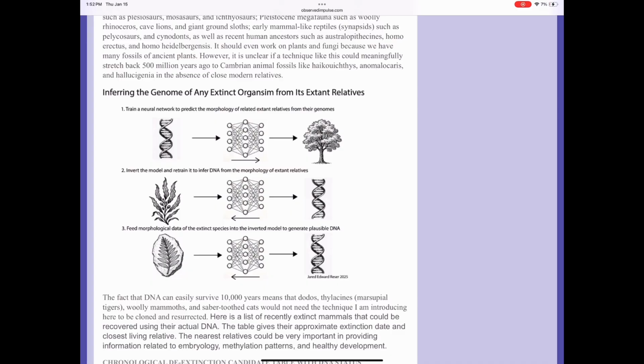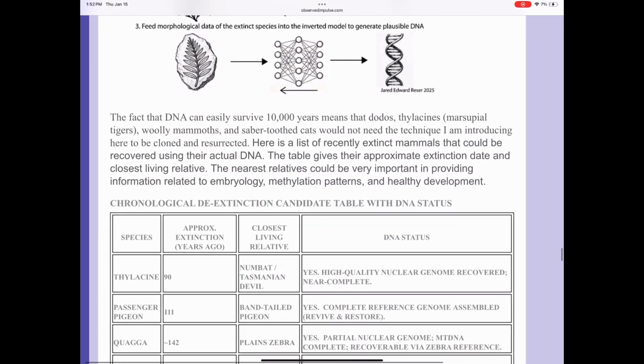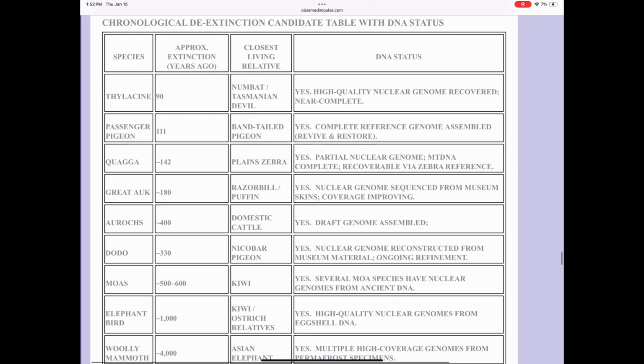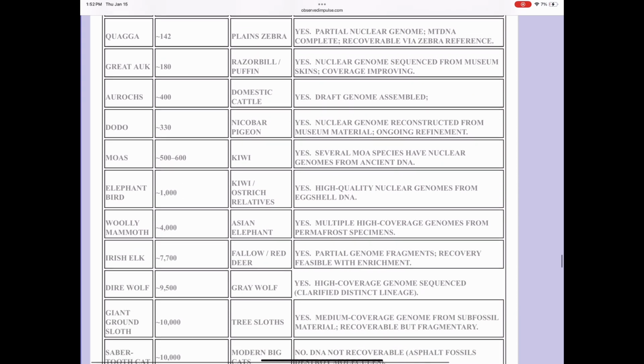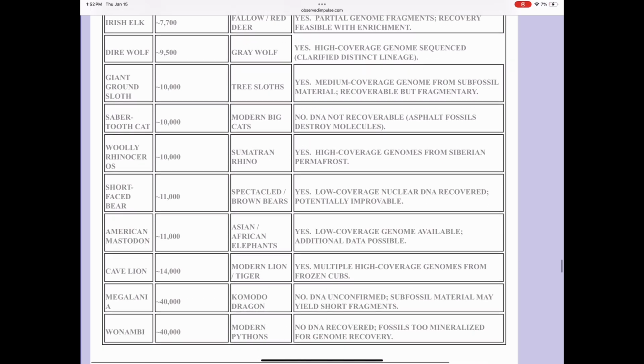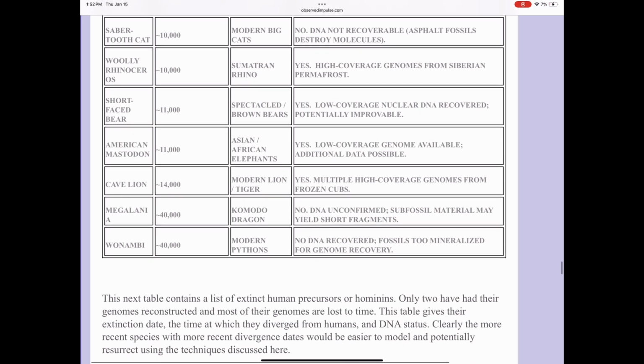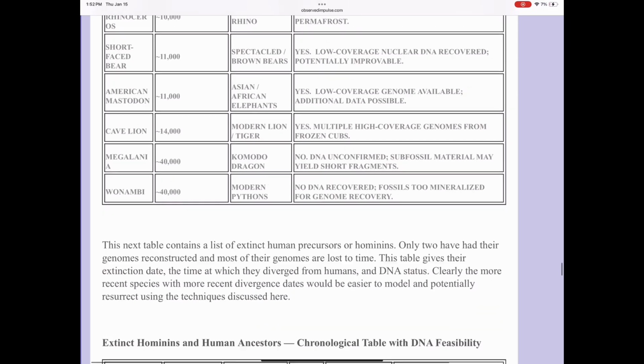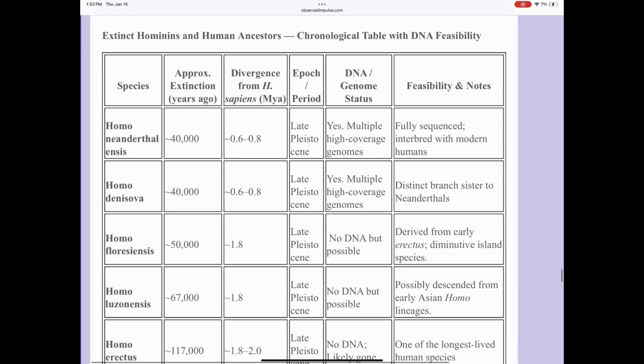So here I give a whole bunch of different extinct animals and talk about whether or not we do have their DNA or not. Here are some extinct hominins and other human ancestors.